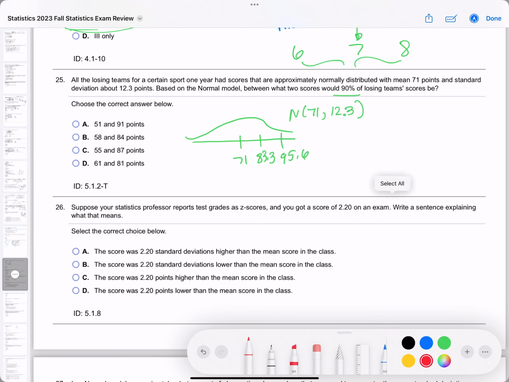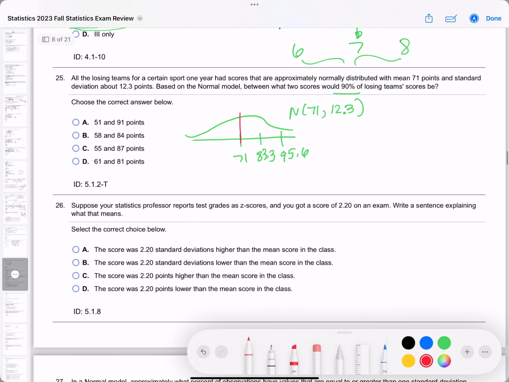So 90% is going to be, remember this is 50%, smack dab in the middle. Sorry, my drawing's kind of ugly. But remember my graph, I have this is 68%. If that's 68% for one standard deviation, then that's going to be 16% and 16%.